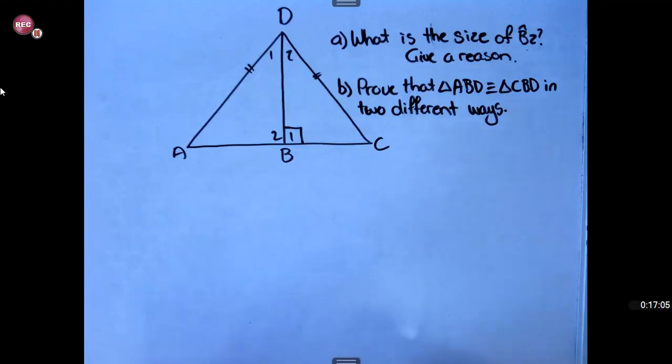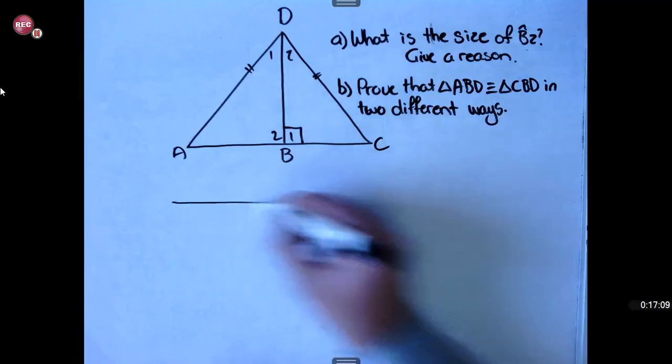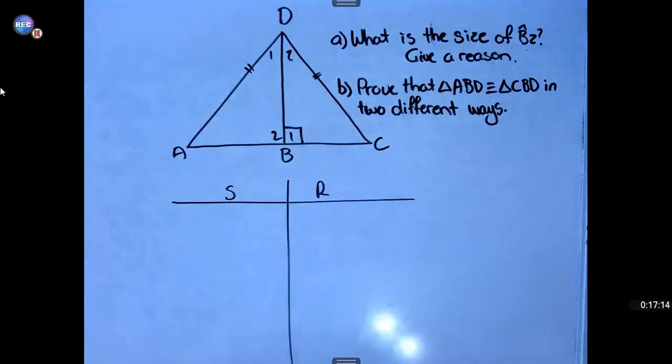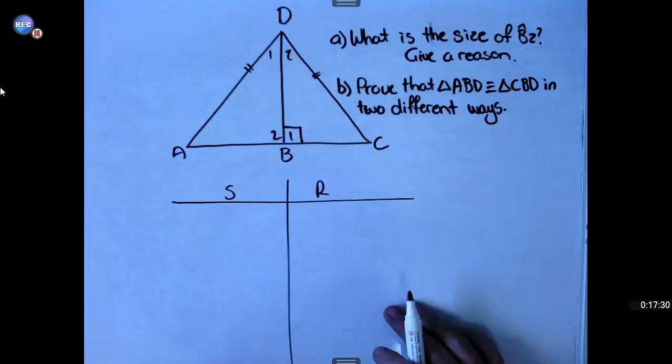Okay, so the first question asks us, statement reason always, what is the size of angle B2? Give a reason. Okay, now straight line geometry comes into play over here. Please don't think that you've gotten rid of straight line geometry because you are now busy with geometry of 2D shapes.